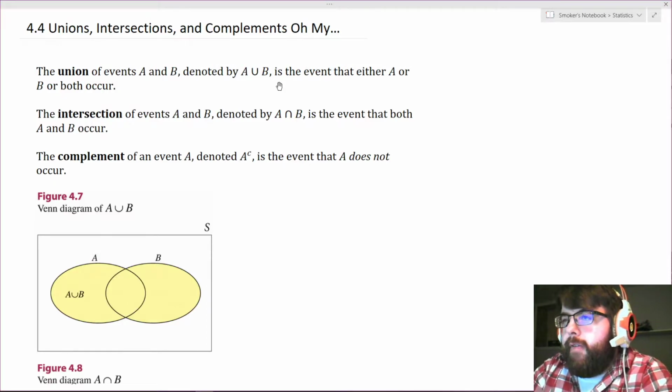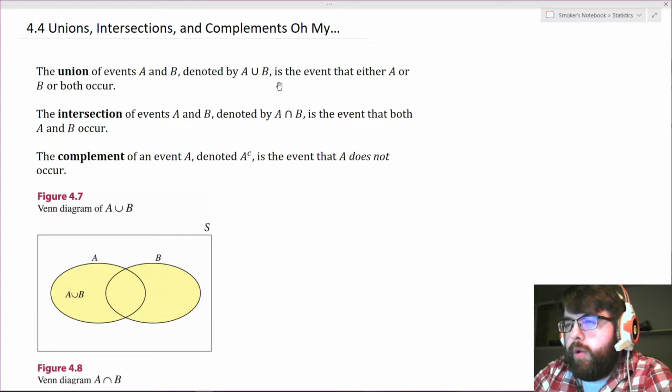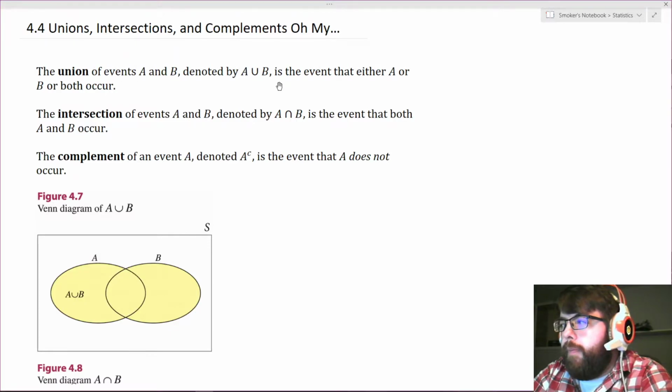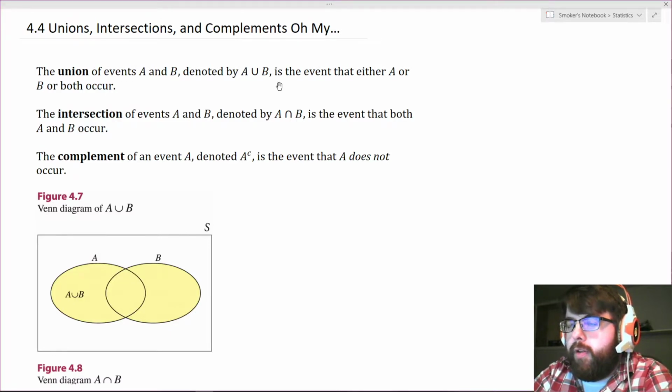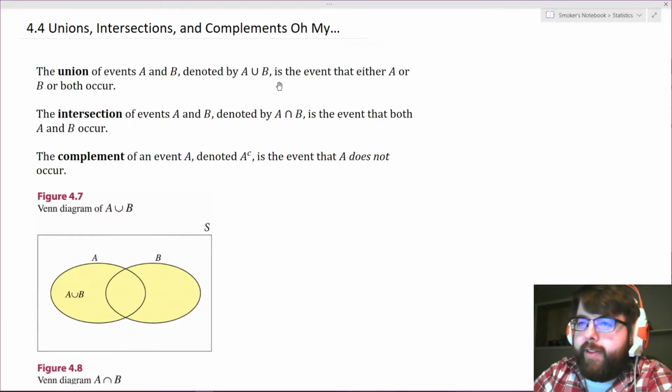The union of A and B would be either rolling an even number or 1, 2, or 3. So if you roll the die and you get 2, that would be both A and B. That's part of the union. But even if you got 1, that's part of the union also, even though it's not part of A, it's part of B. Hopefully that makes sense.